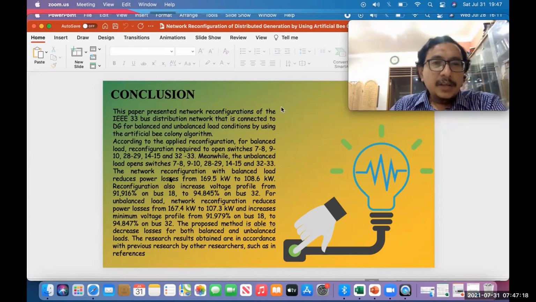According to the applied reconfiguration for balanced load, it is required to open switches 7 to 8, 9 to 10, 28 to 29, 40 to 50, and 32 to 33. Meanwhile, for the unbalanced load, open switches 7 to 8, 9 to 10, 28 to 29, 40 to 50, and 32 to 33.